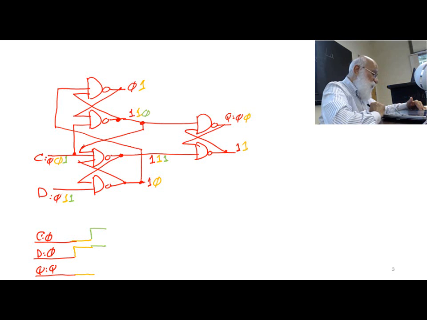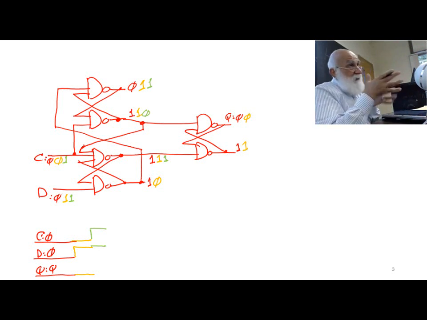Since this output changed to 0, it affects 2 gates. The very first gate, so there is a 0 there, and therefore there is a 1 here, and it also affects the gate below it, and then there is a 0 here, the output remains 1.